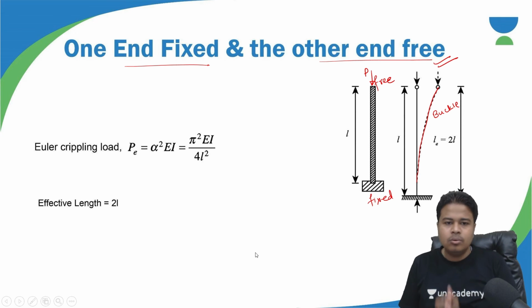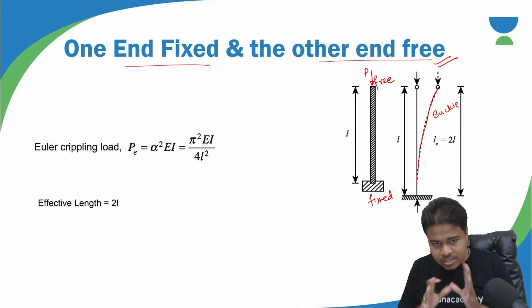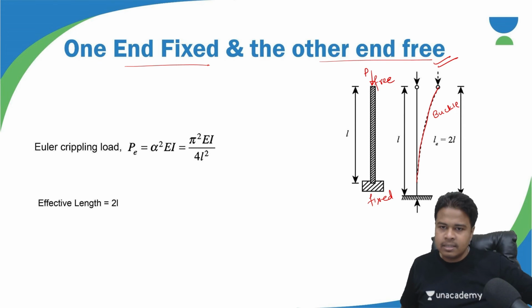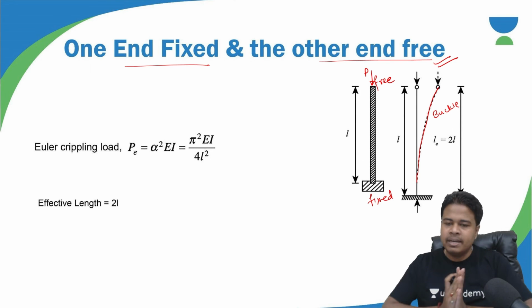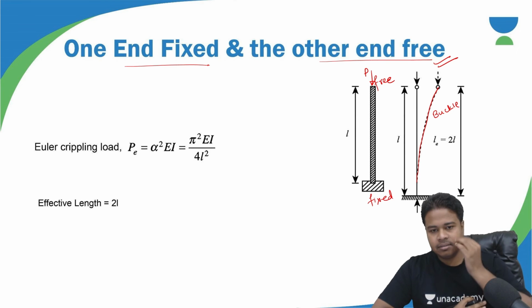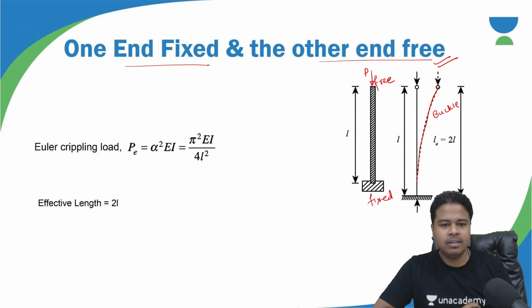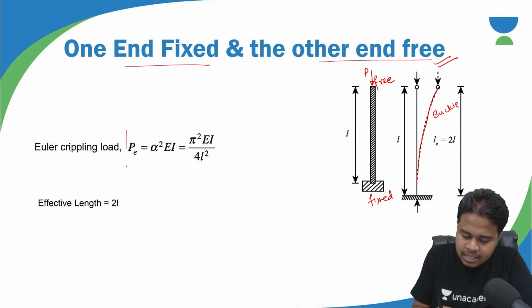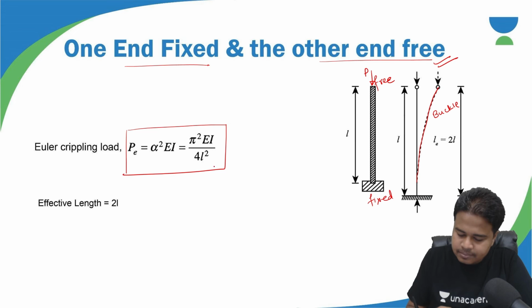Okay, so once you apply that same concept which I told you before in the both side hinged part, the same concept will be applied here. First find out bending moment and then write the differential equation of it, find the solution, put the boundary conditions. You will get P Euler as this.